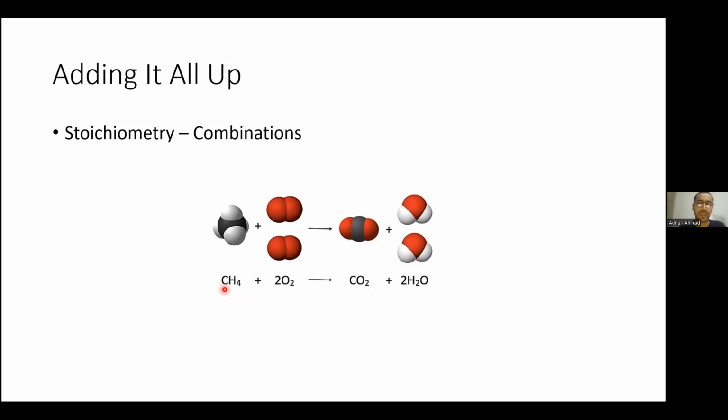For example, if instead of 1 mole or 1 molecule of methane, I change it to 2, what will happen to the concentration of oxygen? It will change to 4. It will double, right? So similarly, carbon dioxide will also double. So this will become 2, and here this will become 4, right? So 2 will be converted into 4, and 1 will be converted into 2.